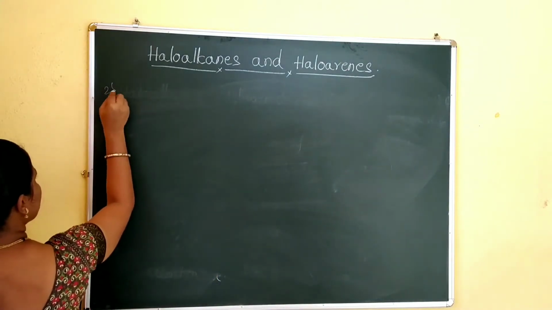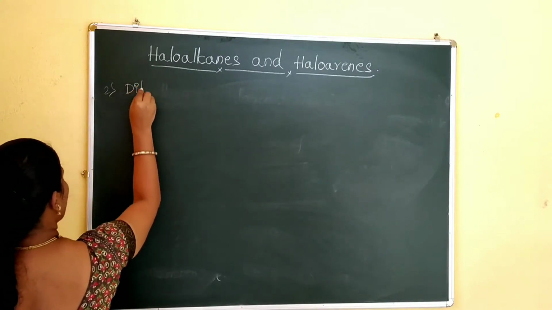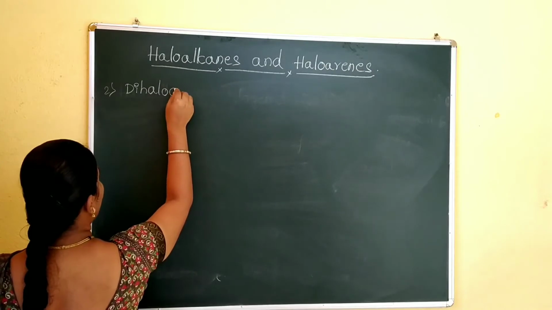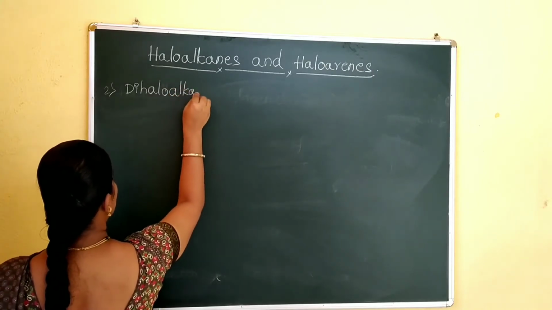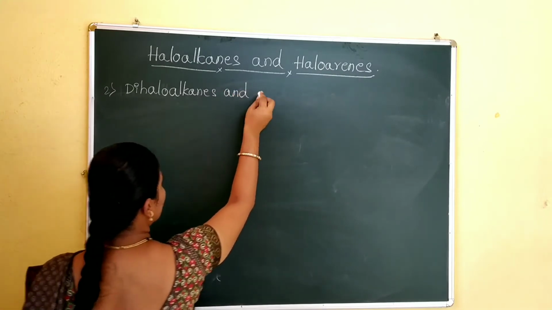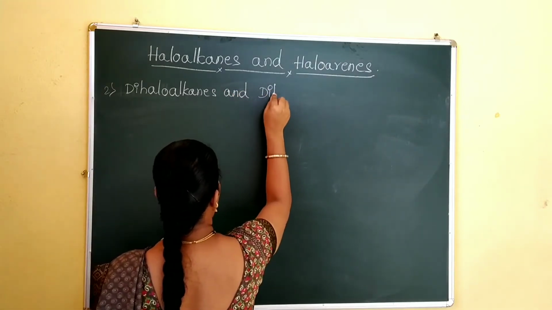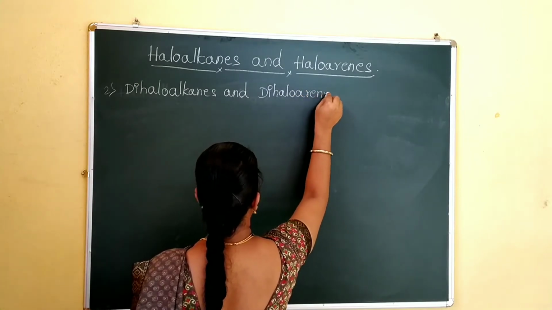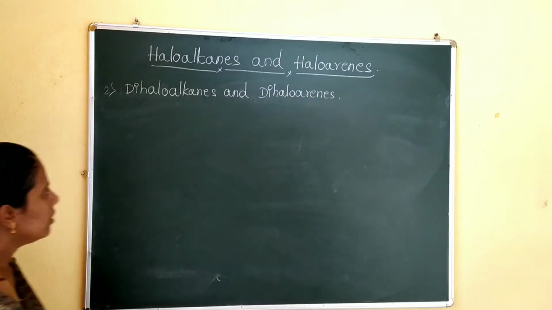The next is the second type of classification, dihaloalkanes and dihaloarenes.